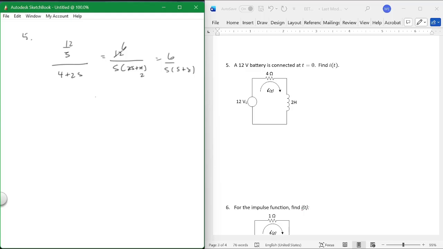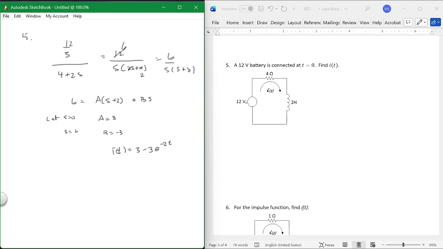And how does that work out? That works out to be 6 is equal to A times S plus 2 plus BS. Okay? Let S equal 0, let S equal minus 2, and I get my A is equal to 3, my B is equal to minus 3, and I am done. I of T is equal to 3 minus 3 e to the minus 2t. Done.